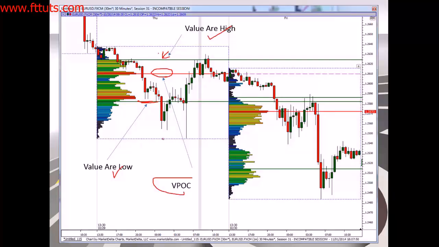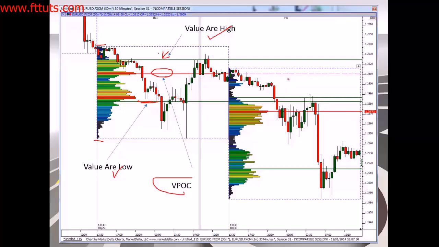And by the way, these dotted blue lines always show us the outside range of the profile, the range high and the range low. So this would be the range low, and there's my range high, and these dotted lines outline for me the full range of the day session or whatever profile session I may have on the chart.